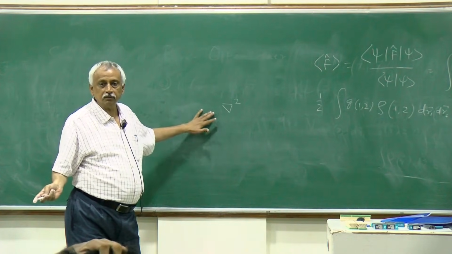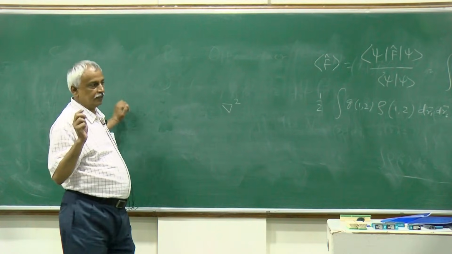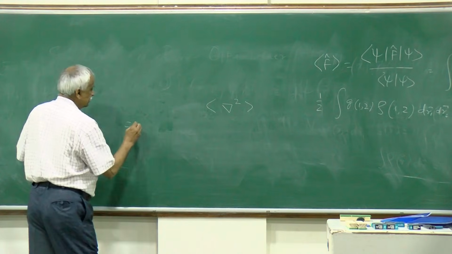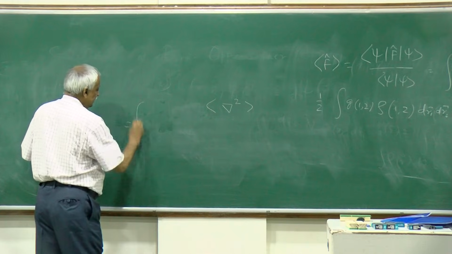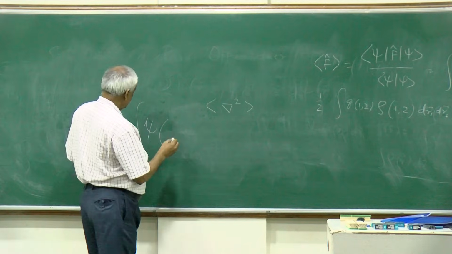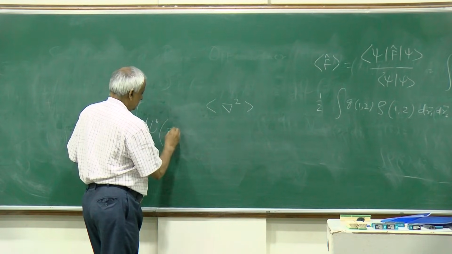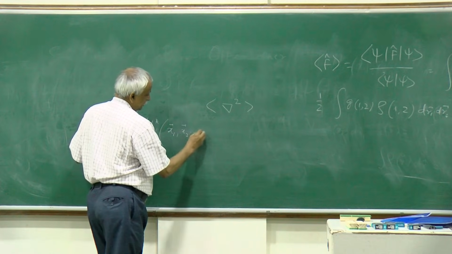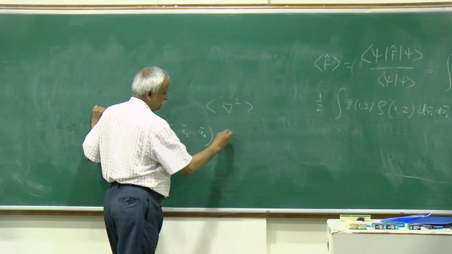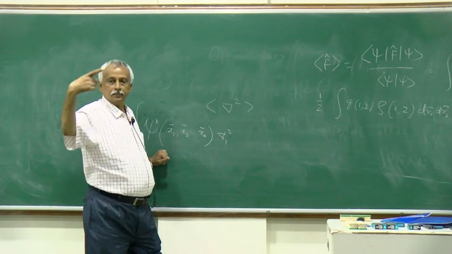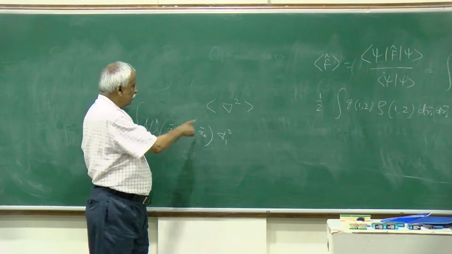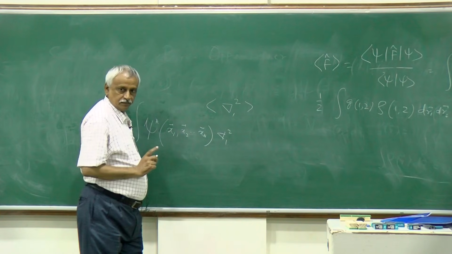So, if you want to find out the Laplacian operator, let's say the expectation value, I will write it as the integral of psi star x1, x2, xn, and say I am writing the sum over del i square. I am taking only one, let's say del 1 or del i square. I want to find out the expectation value of that Laplacian.